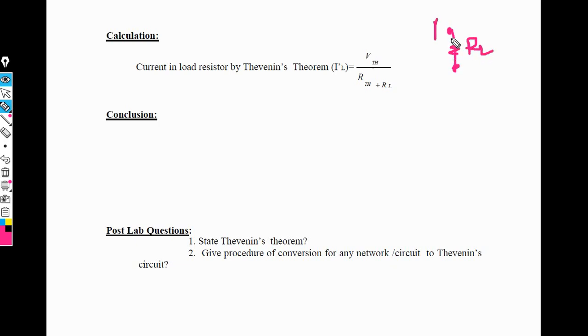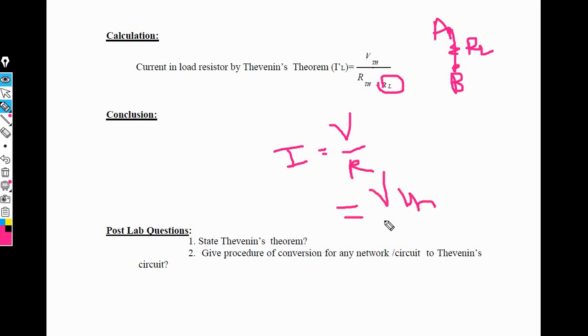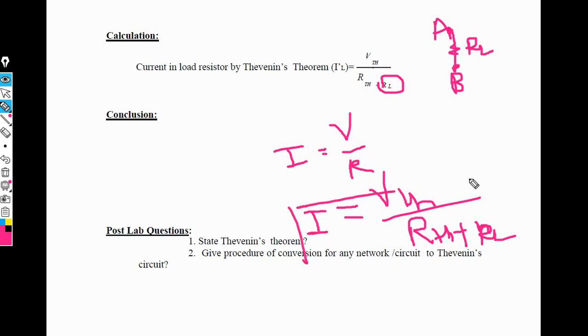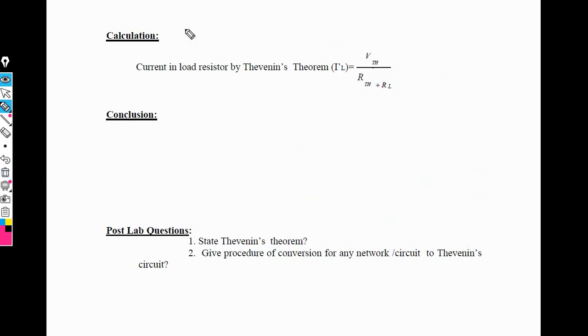Now this value RL is put back, so I is equal to VTH upon RTH plus RL, and this is the current I. This is the calculation needed in Thevenin's theorem.